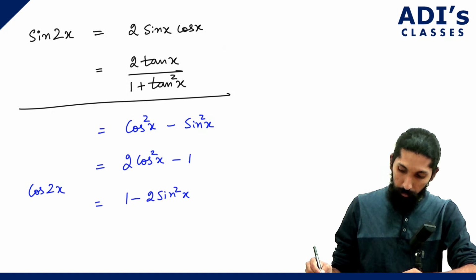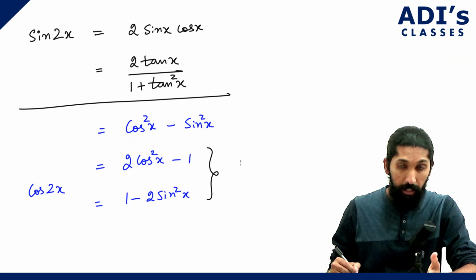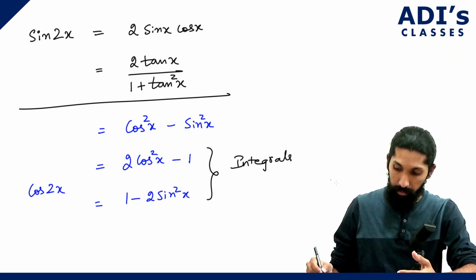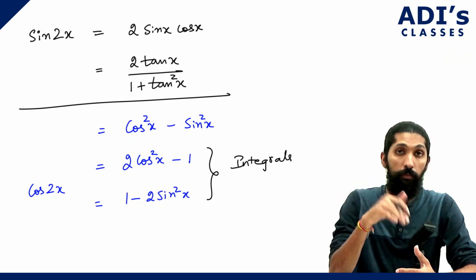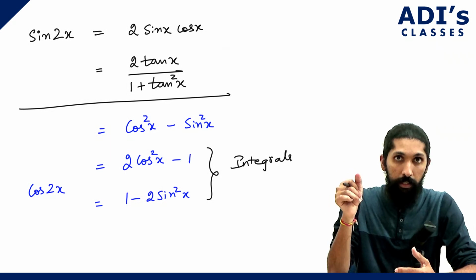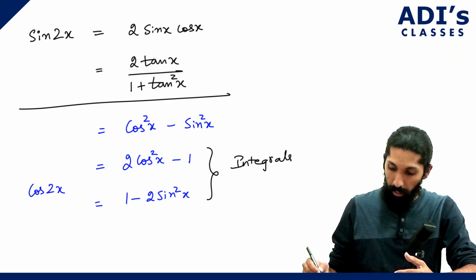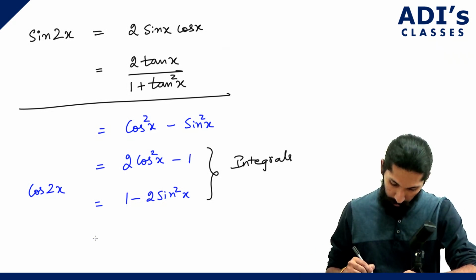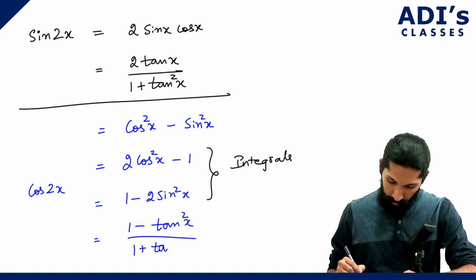These two formulas, we mostly use in integrals. Whenever you have cos square x integration or sine square x integration, we generally use these two formulas. There is one more in terms of tan, and that one is 1 minus tan square x divided by 1 plus tan square x.